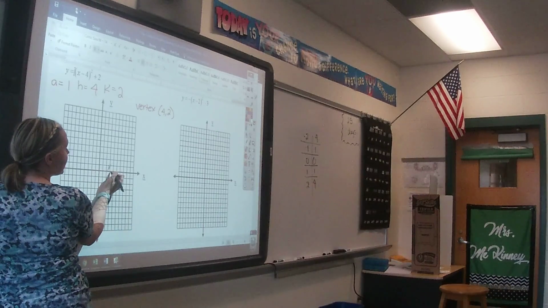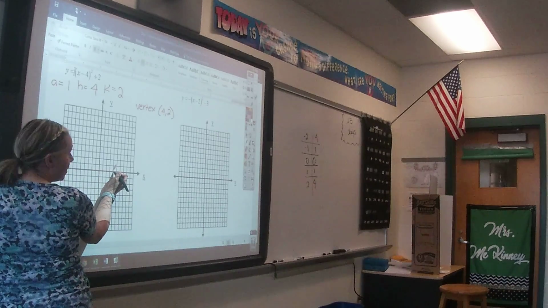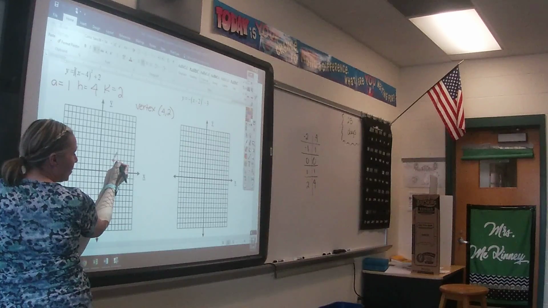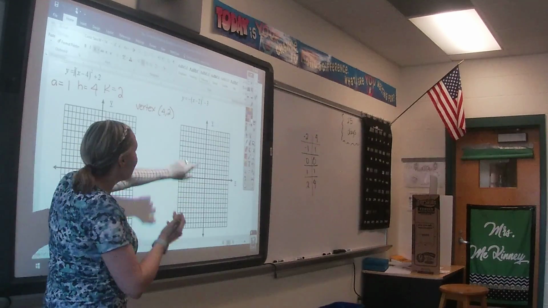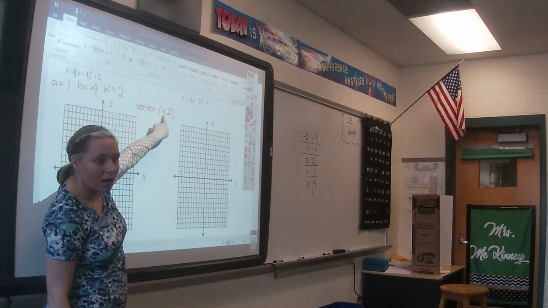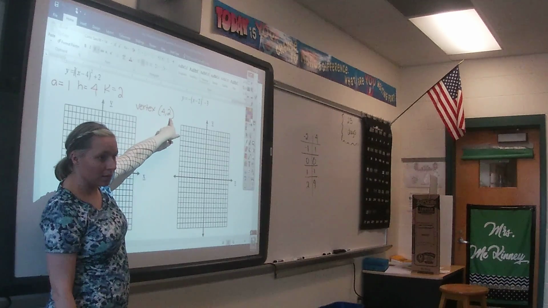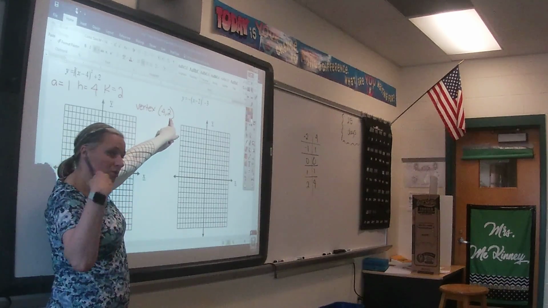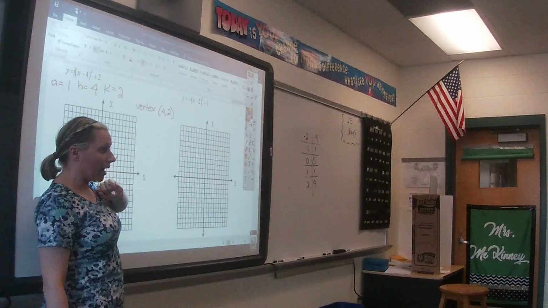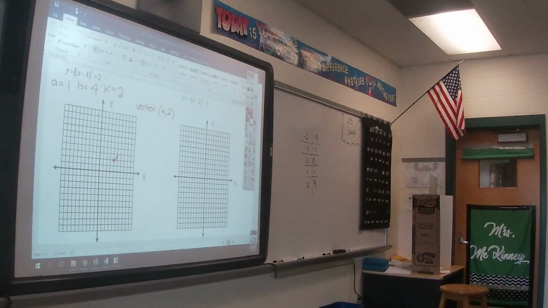We are horizontally moving 4 and vertically moving 2. Right? So that's taking care of our H being our horizontal movement and our K being our vertical movement. Okay, so that took care of all of our H and K in one thing, just by plotting a point.